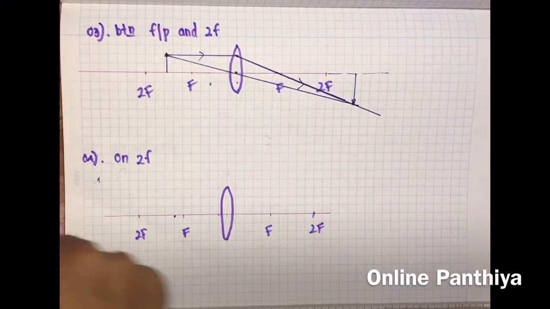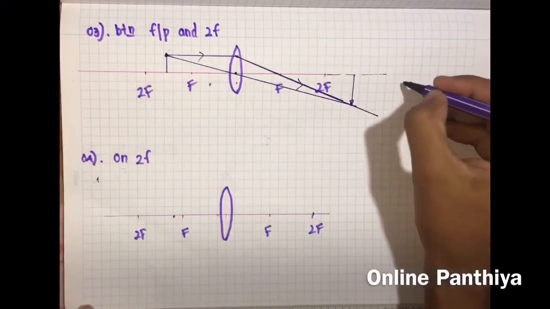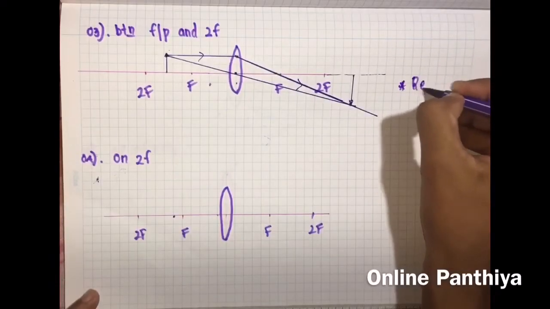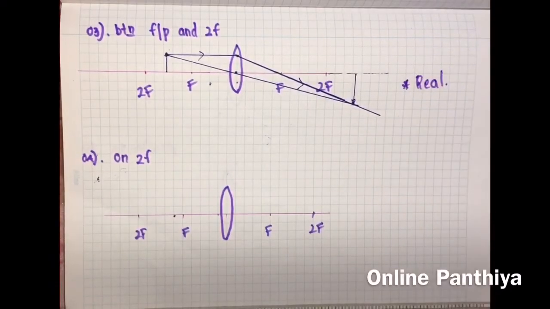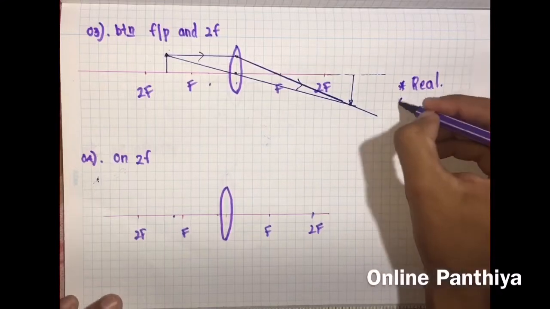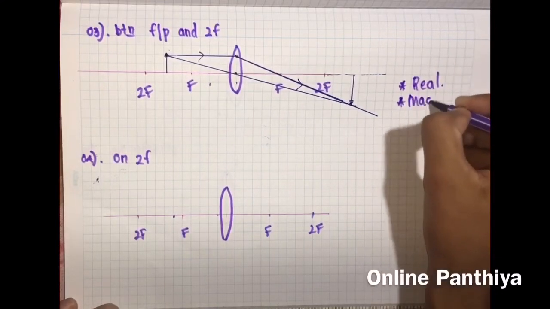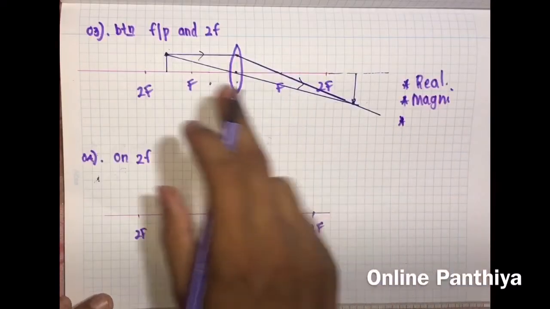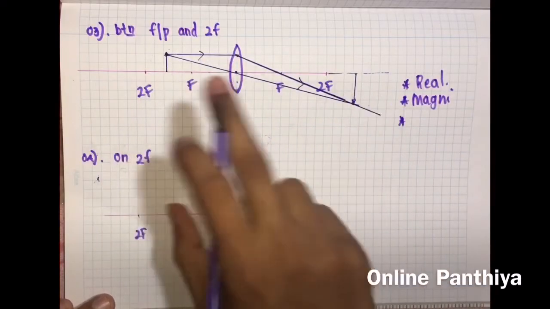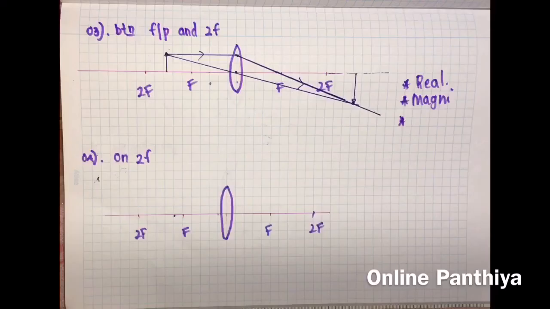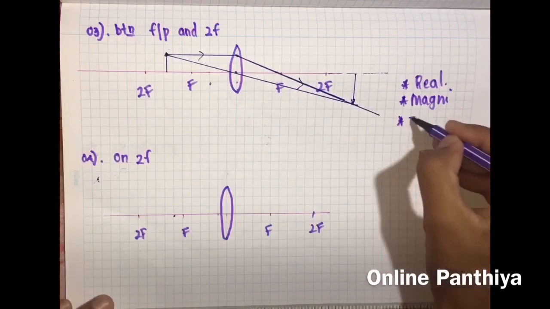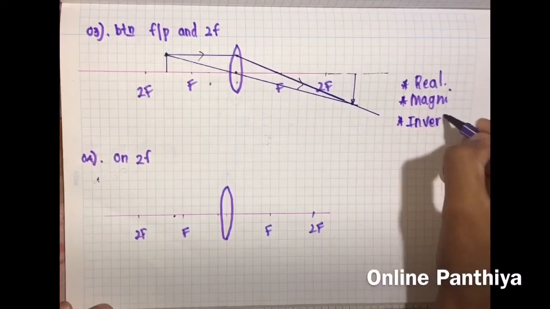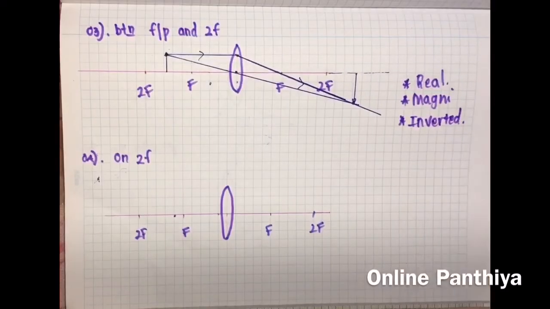The image is formed on the other side, so you can say it is real. Is that part clear? The other is that it is magnified. And one more important point: it is upside down, right? So you can say it is inverted. Is that clear? Then let us move on to the next part.